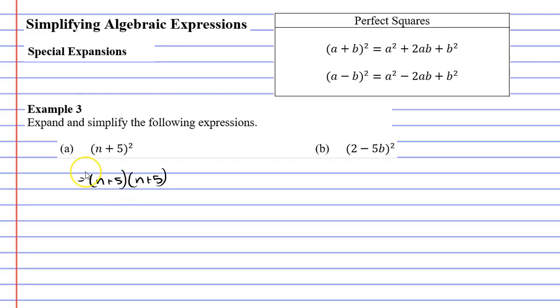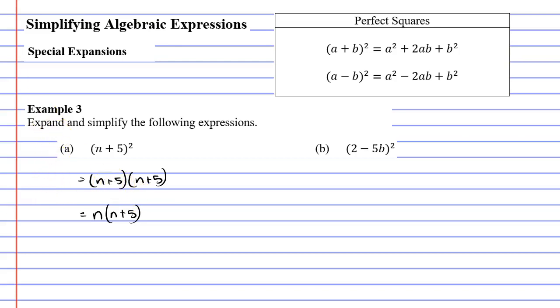The next step is to look at the first set of brackets, the n plus 5, and we'll take the n first, and we're multiplying this n by the whole set of second brackets, so by the n plus 5. In case you're a little confused with what I'm doing, I've already covered this in the previous lesson, so you'll need to go back there.